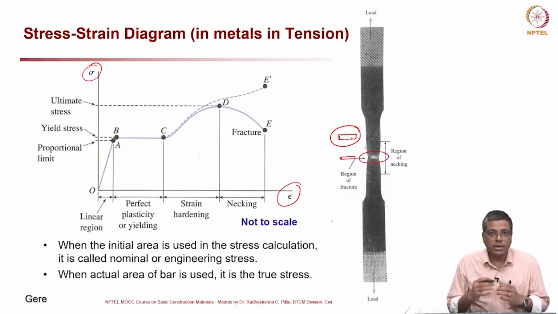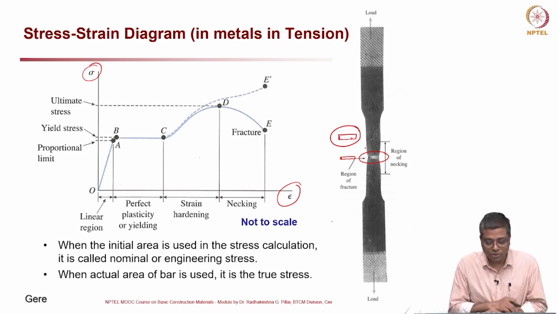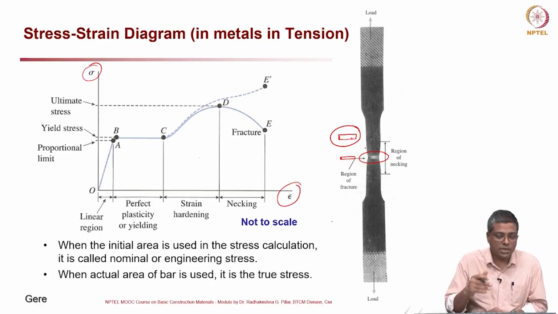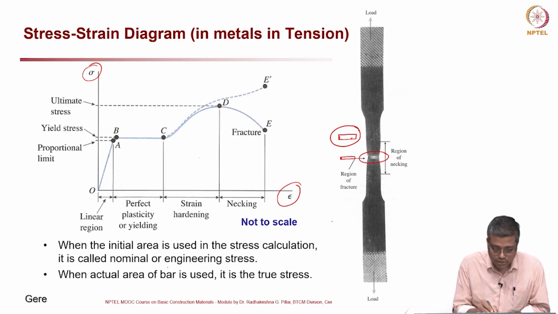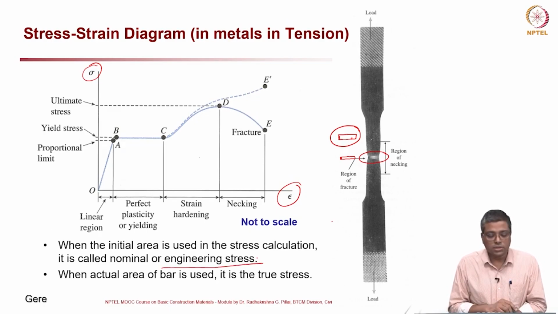The actual stress which is observed is not used in the calculation, because the area changes and it is very difficult to get that change in the area during the testing. So, there is an engineering practice which is to use the original area, and we call that engineering stress.